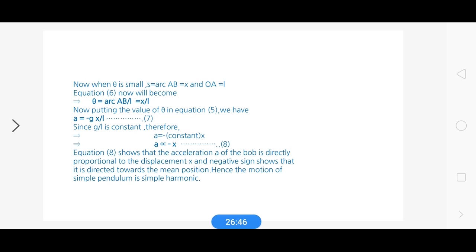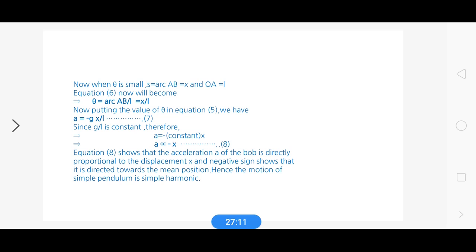And here since g by L is constant, we get an equation like acceleration is equal to minus some constant, that is g by L, into X. Minus constant into X. So what is X here? Displacement. A is the acceleration.